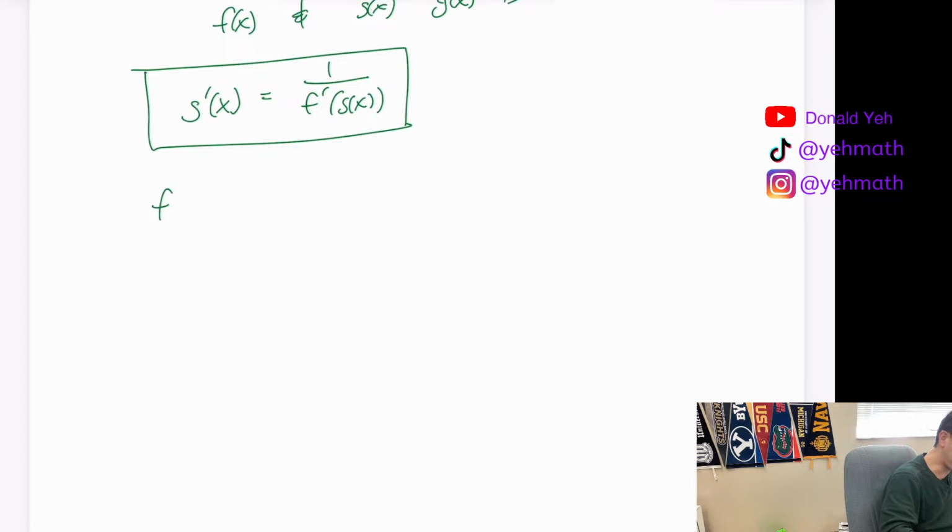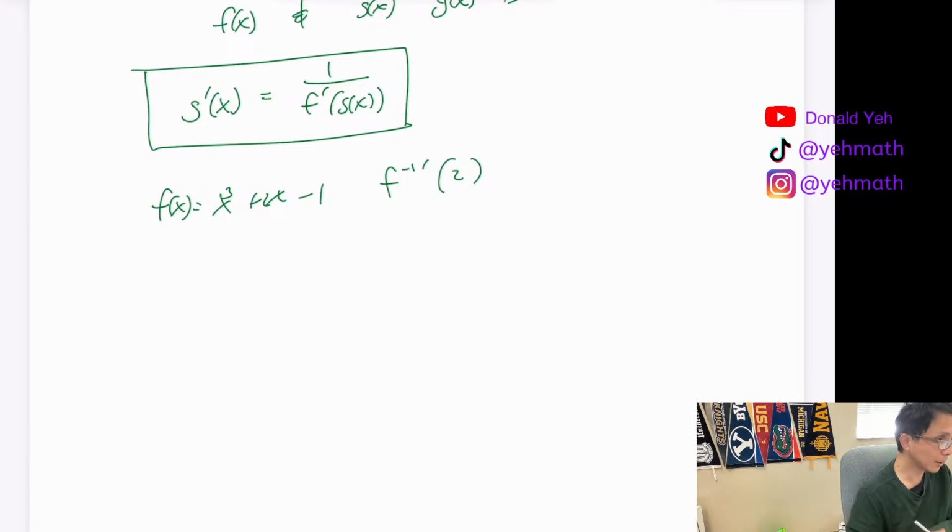The question says f of x is equal to x cubed plus 2x minus 1, and I want to find f prime inverse of 2. Is it possible for me to find it?